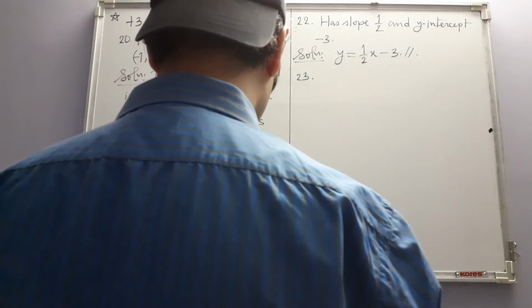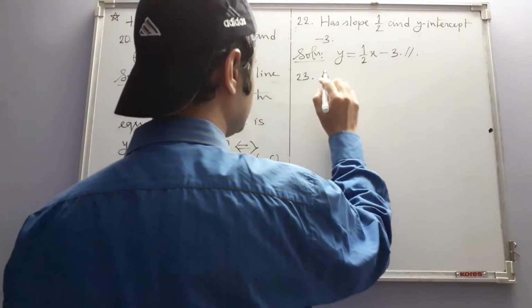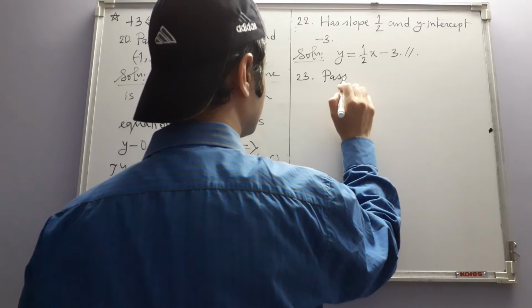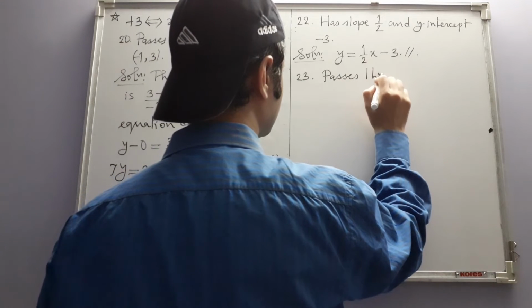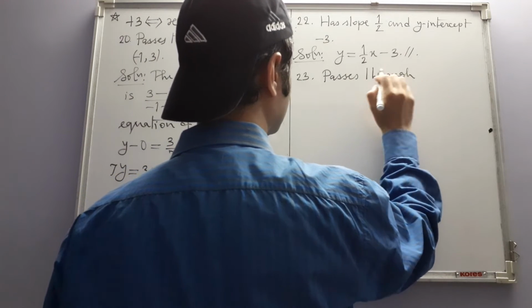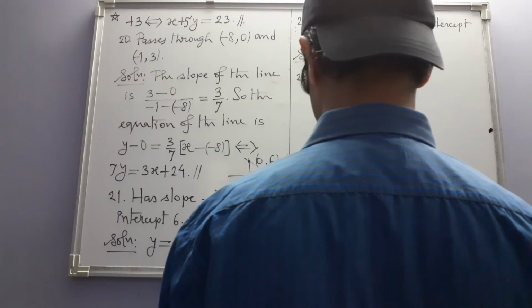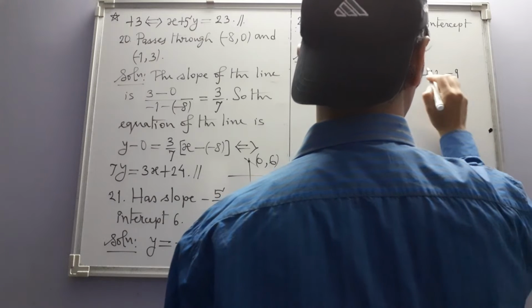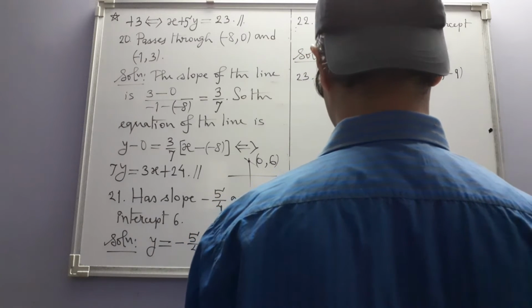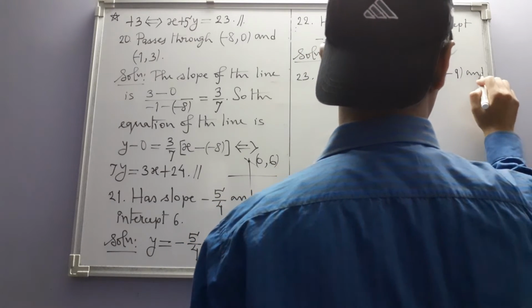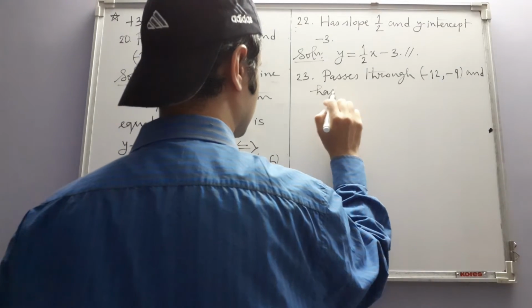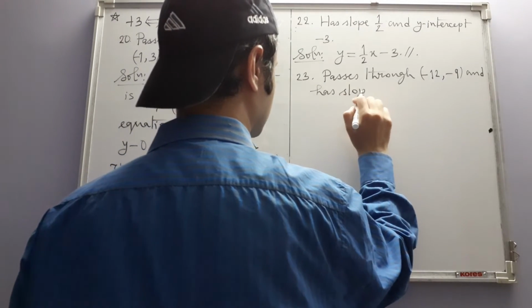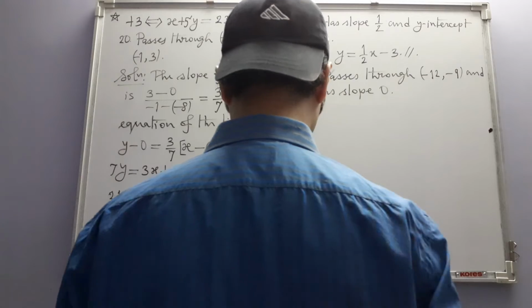23 passes through -12, -9 and has slope 0.